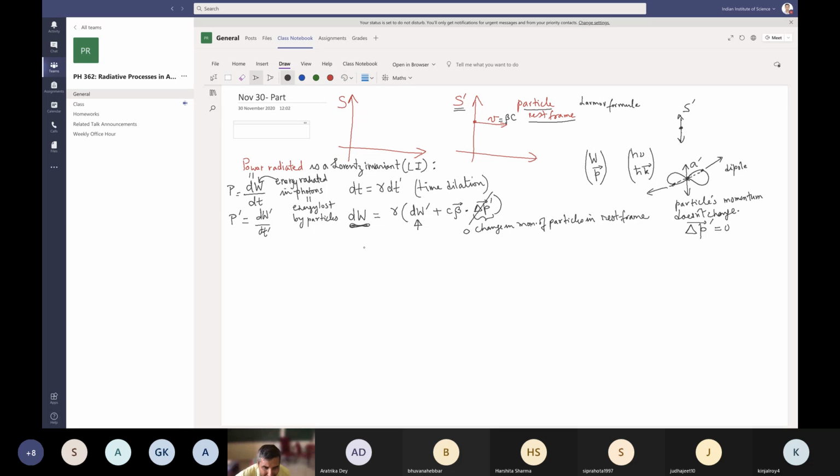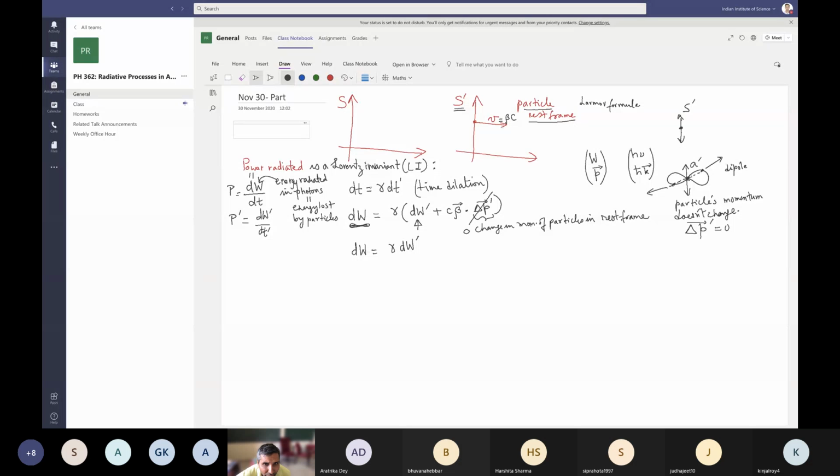So what do we get? We get the change in energy of the particles in the lab frame is equal to gamma times the change in the energy of the particles in the particle rest frame. And this is related to whatever the particle has lost, which has come out in photons.